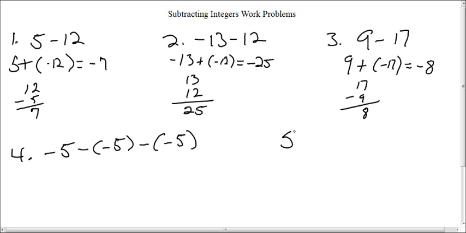So number 5, the last problem that I want you to take a look at would be, well, let's not make this one easy. Negative 52 minus negative 18 minus 37.